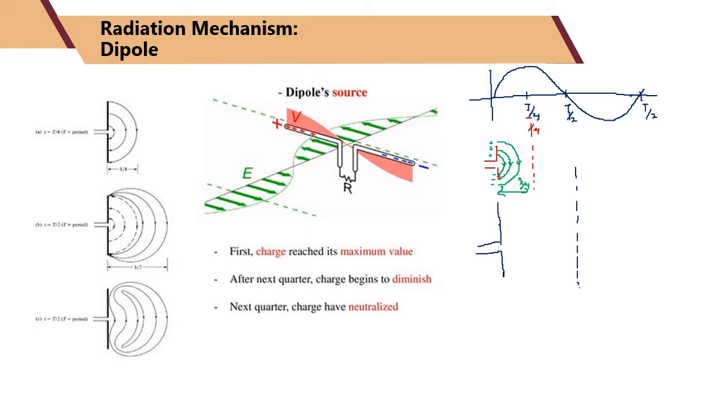So what happened? We know that at 0 until T/4, we can see on the other quarter that there's a complete change in direction.